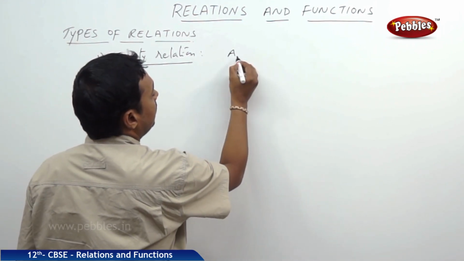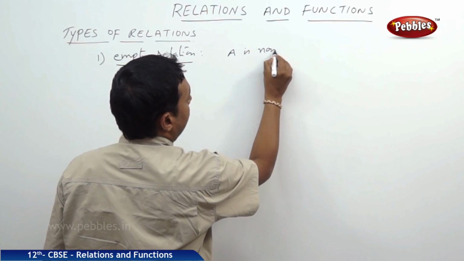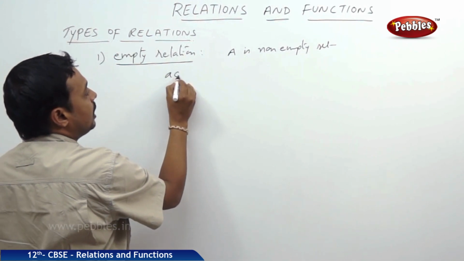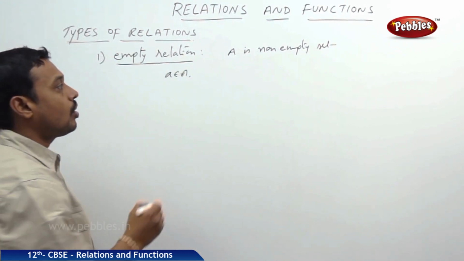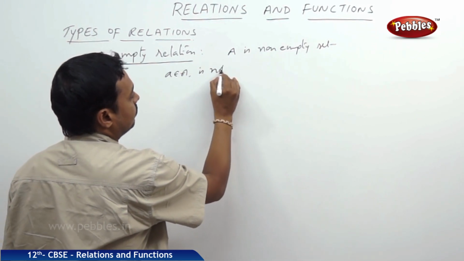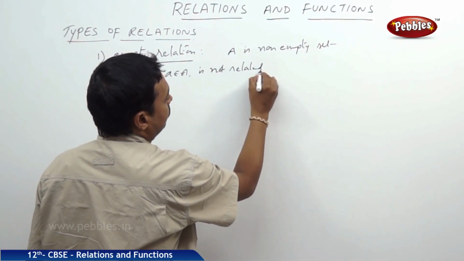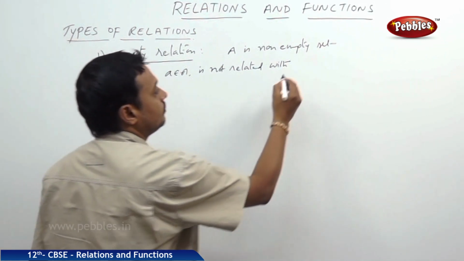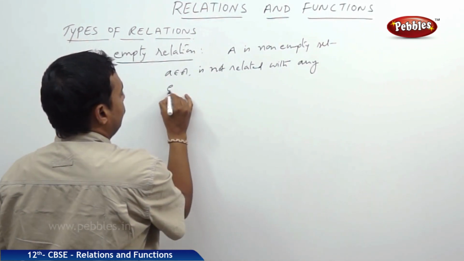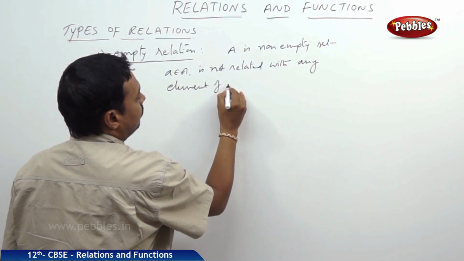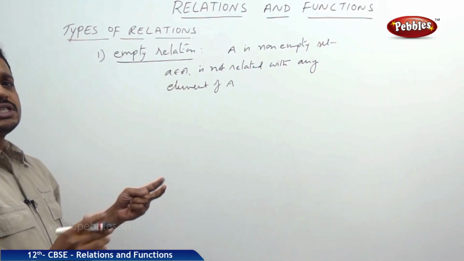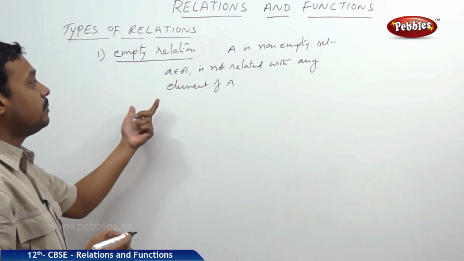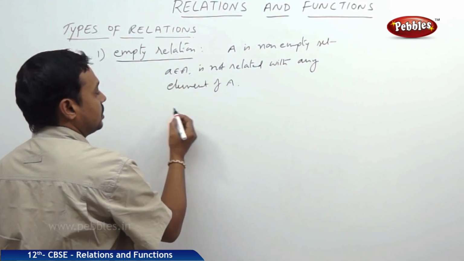Suppose A is a non-empty set, and some a belongs to A is not related with any element of A. That means we cannot define any ordered pair in this set. Therefore, it is an empty relation.